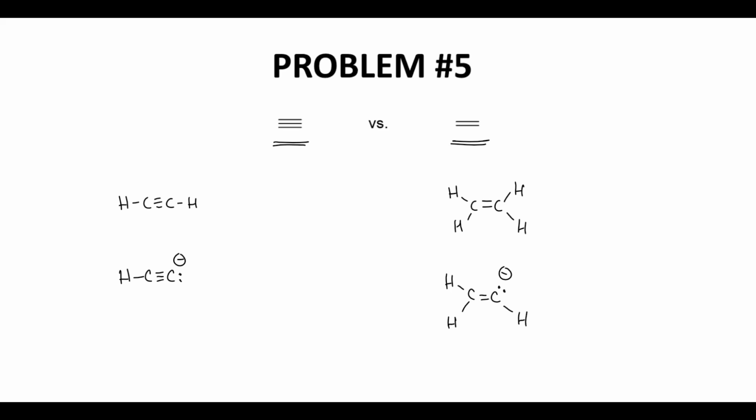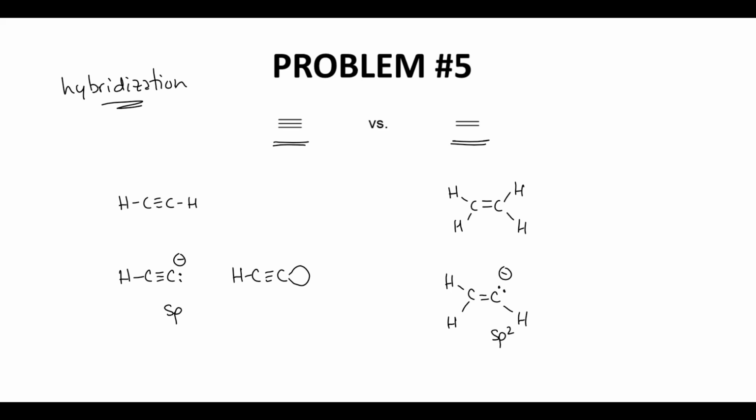However, what is different about these is their hybridization. The structure on the right, this is an sp hybridized carbanion. This is an sp2 hybridized carbanion. And here is what people rationalize as a difference.